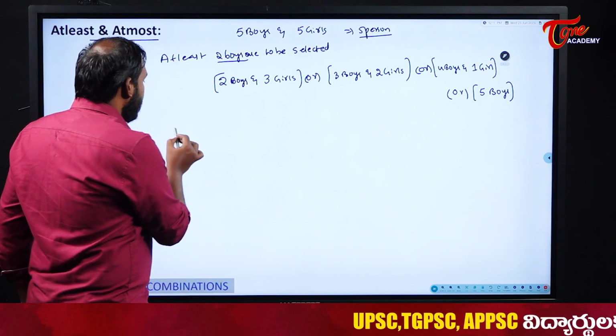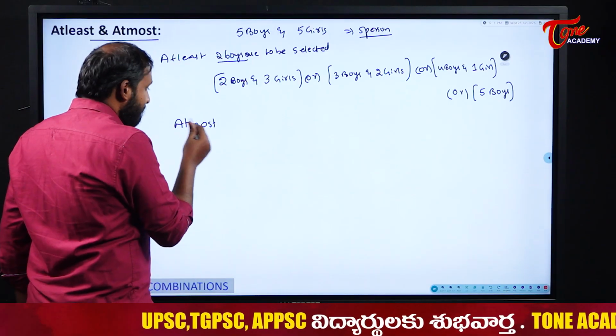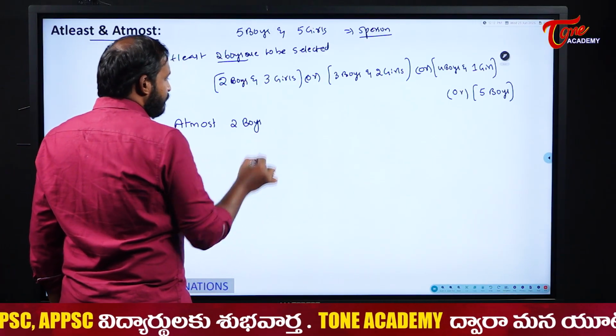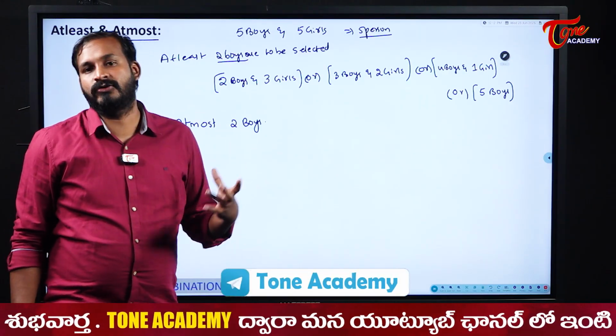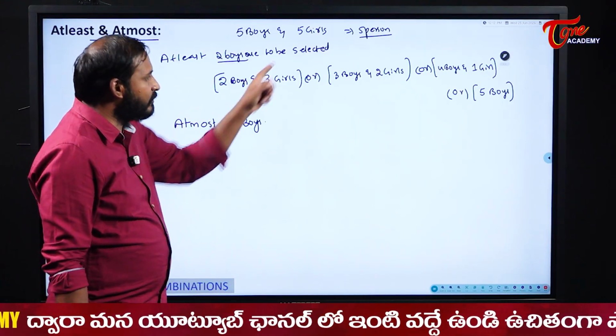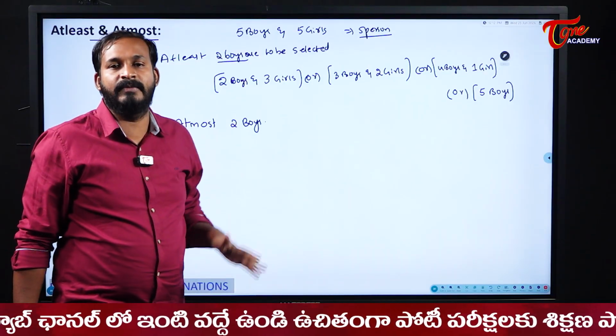For example, if they say at most 2 boys. At most 2 boys. That means maximum is 2 boys, students. Now here from minimum we went to maximum, right? So here what we will do, from maximum we will come down to minimum.